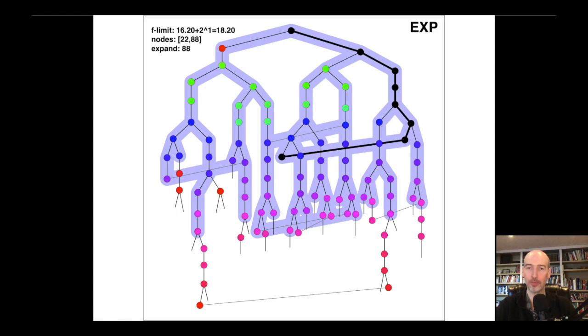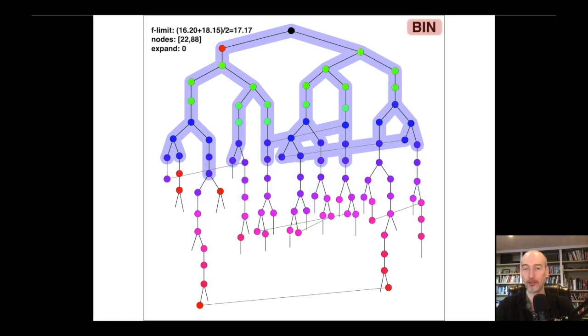So we're done with the exponential phase, and now we're going to go to a binary phase. We know the solution is somewhere between 16.2 and actually 18.5. Last time we were using 18.2 as a limit, but as we did the search, the maximum F cost we actually saw was 18.5. So that gives us our upper and lower bounds.